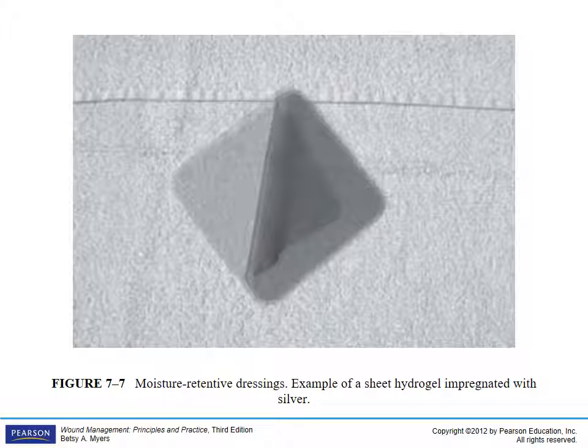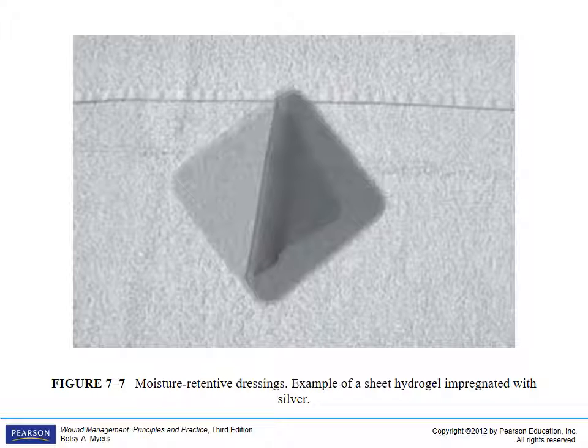Here's an example of a hydrogel that's impregnated with silver. When we talked about antimicrobials, I mentioned silver is a very common antimicrobial used in dressings that makes the dressings more expensive.